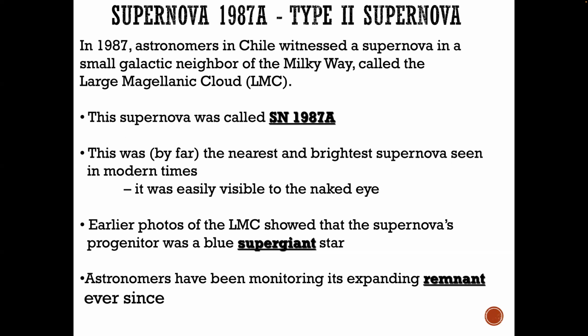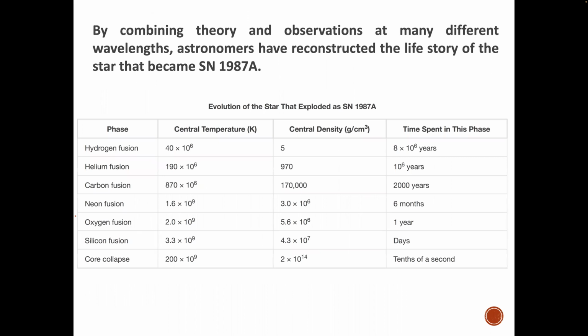Now, this supernova was called SN 1987A, and this is by far the nearest and brightest supernova that we have seen in modern times. It was easily visible to the naked eye. And we have more details about this supernova explosion, 1987A.